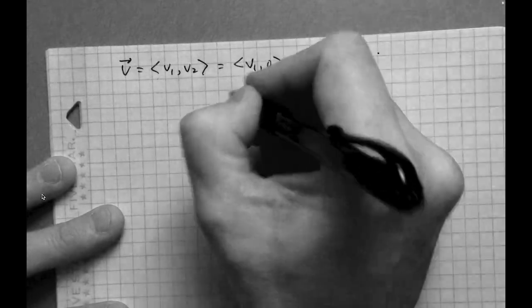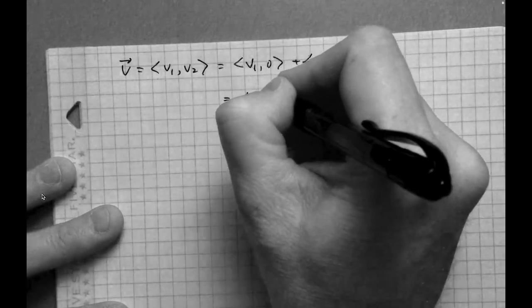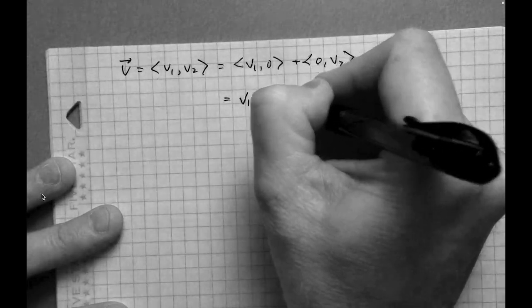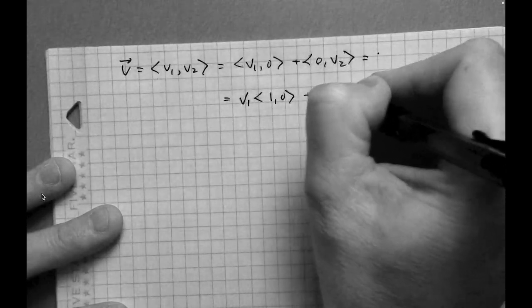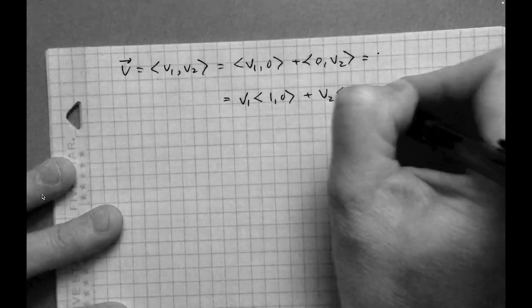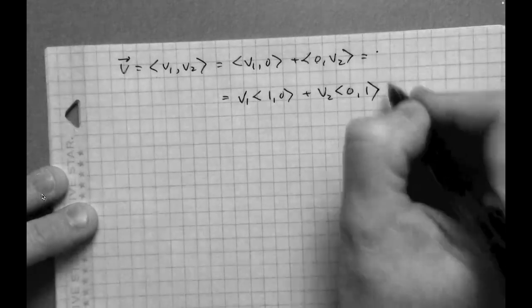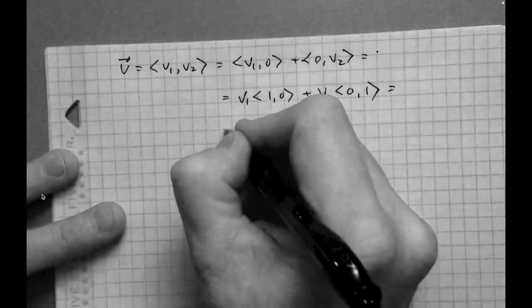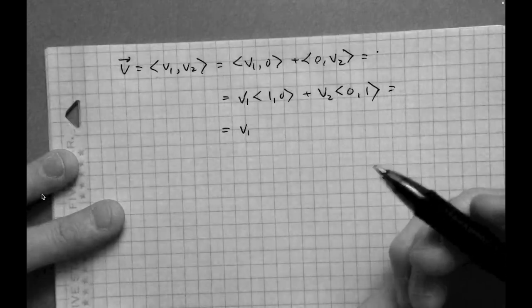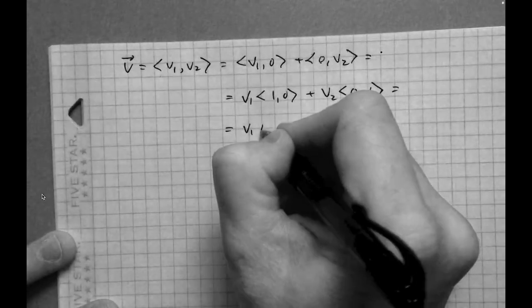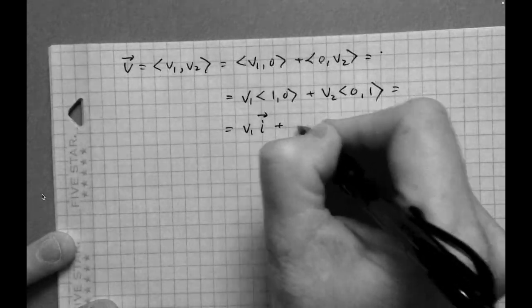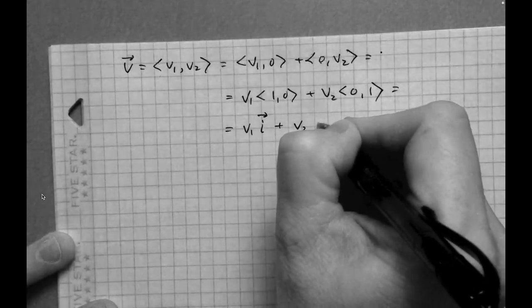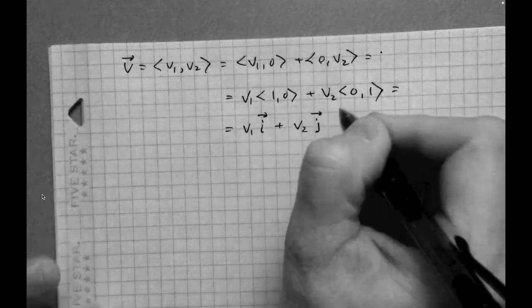So this could be written as v1 times 1 comma 0 plus v2 times 0 comma 1. And that's just v1, a scalar now, times i, plus v2, a scalar now, times j.